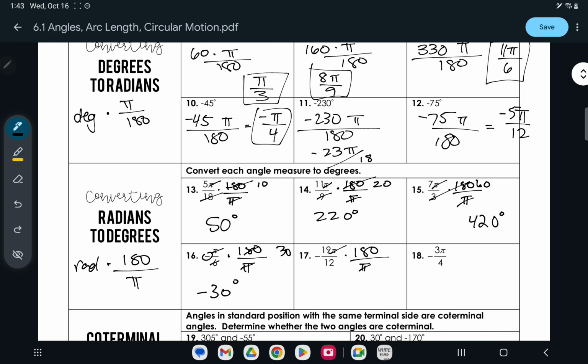The 180 and 12 can reduce evenly: 180 divided by 12 is 15. So negative 19 times 15 gives 285, so negative 285 degrees.